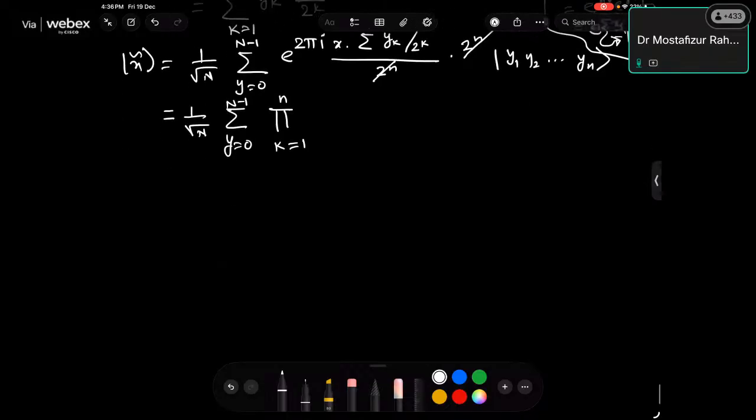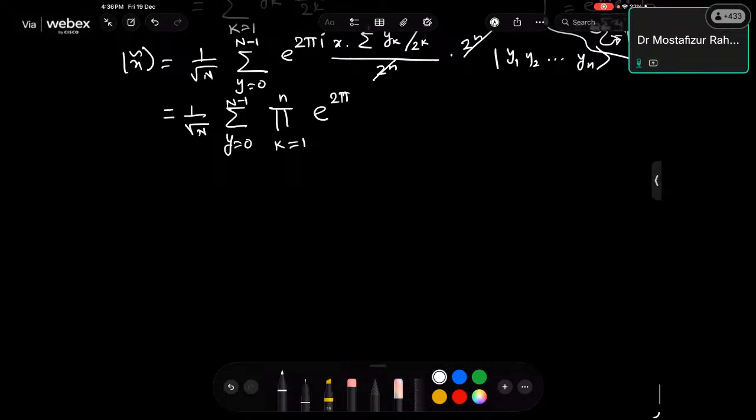So then this will become e to the power 2 pi i x into yk divided by 2 to the power k, and y1, y2, up to yn.